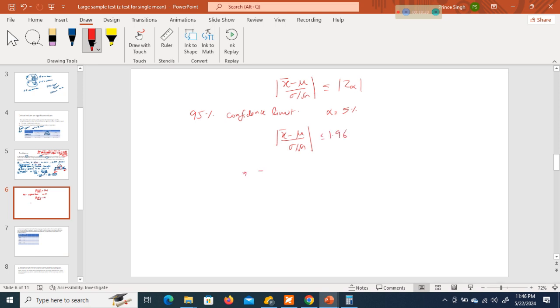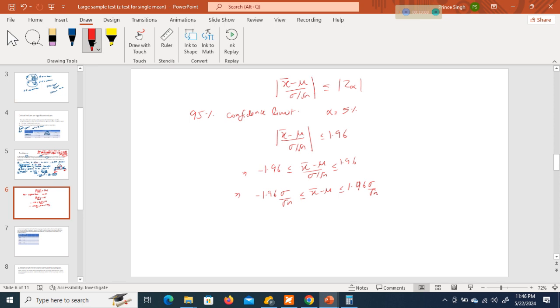So this is basically minus 1.96 less than or equal to x bar minus mu upon sigma upon square root of n less than or equal to 1.96. So multiply by sigma upon square root of n: minus 1.96 sigma upon square root of n less than or equal to x bar minus mu less than or equal to 1.96 into sigma upon square root of n.